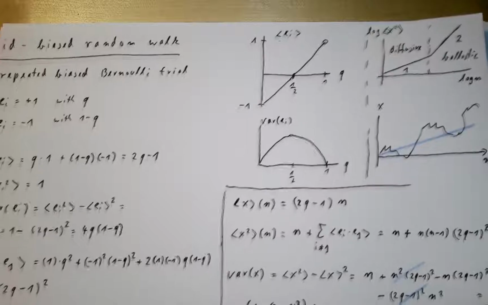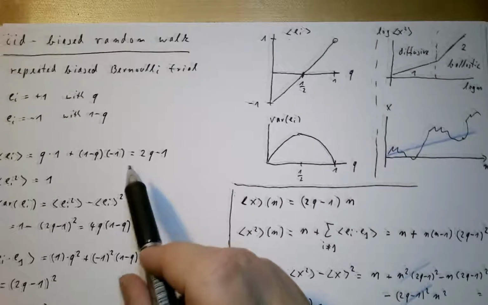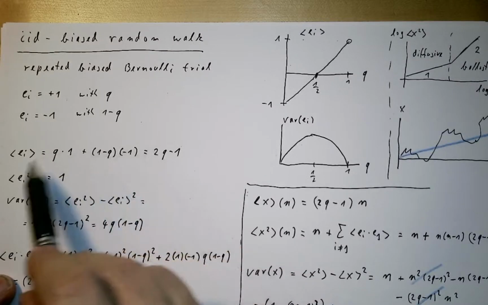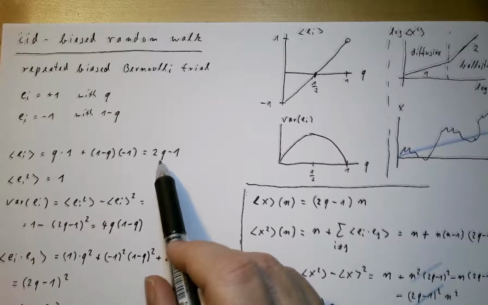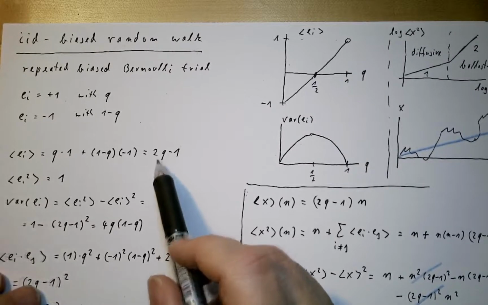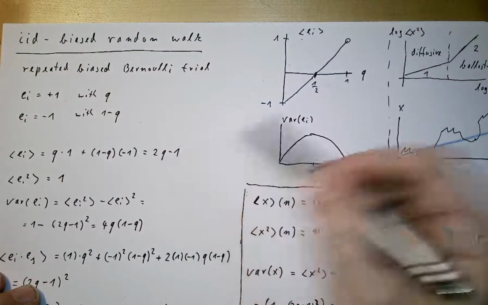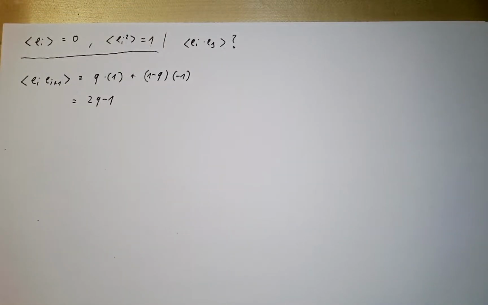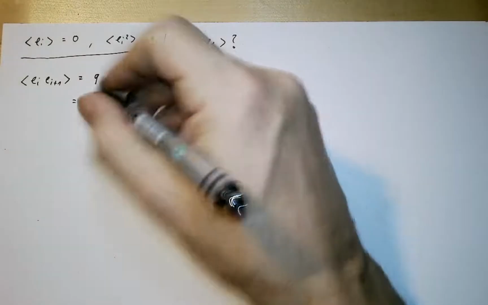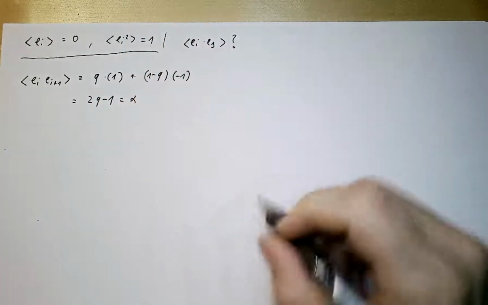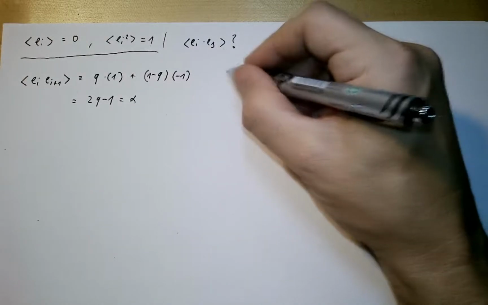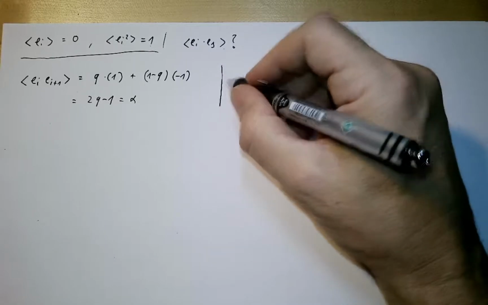It's funny, this is something we had in the last exercise, in the biased random walk also, 2q minus 1, but there it was the expectation of the increments. We came across the same function, this term 2q minus 1 as a function of q. We can plot this here also, and this appears not so often. I give this a name, alpha, and we can make this graph again.